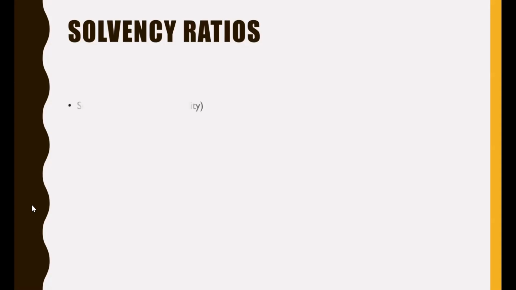Solvency means survivability or financial viability, the ability to meet all long-term obligations when they come due. Actually, all liabilities, especially non-current liabilities, when they come due.